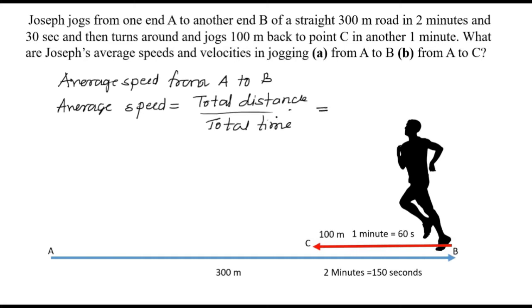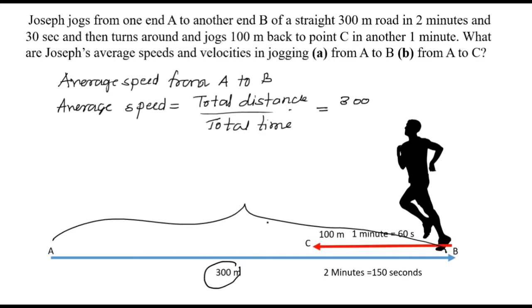The total distance from here to B is 300 meter, divided by total time. How much time? You should not take 2 minutes here, in this minute unit. You have to take 150, which is equal to 2. 2 what? This is in meters and this is in seconds. So this will be meter per second, which is the SI unit of speed, right?